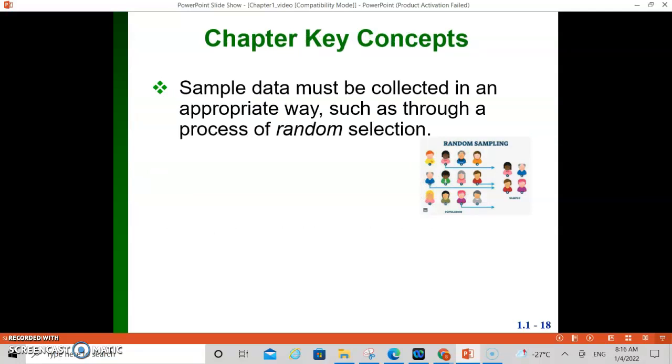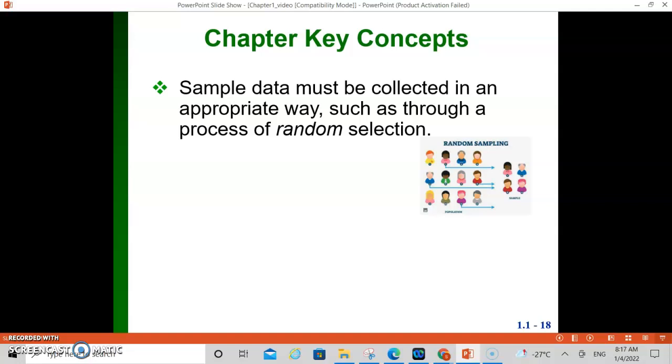So the chapter key concept. The sample data must be collected in an appropriate way, right? That is called random selection. Don't pick only the first row. If I want to ask some questions and I select only the first row, or the middle, or the last row, that is not the proper way to select.